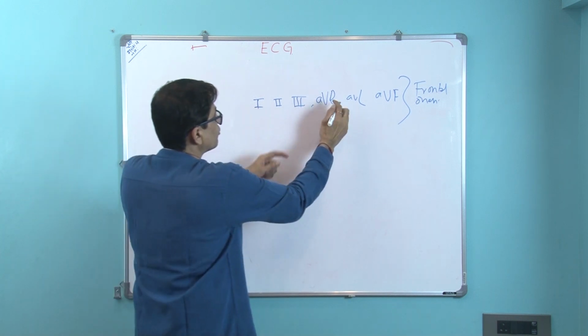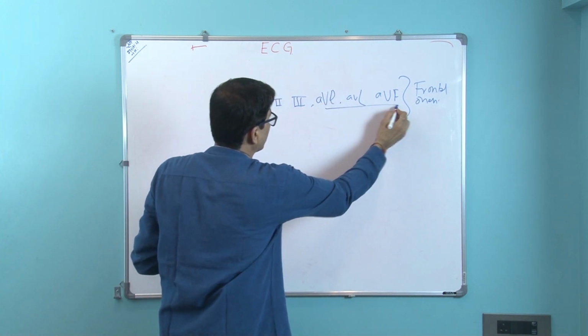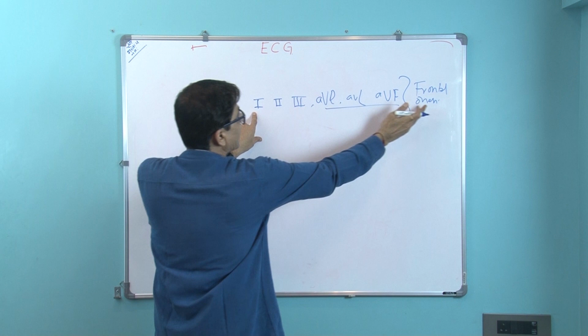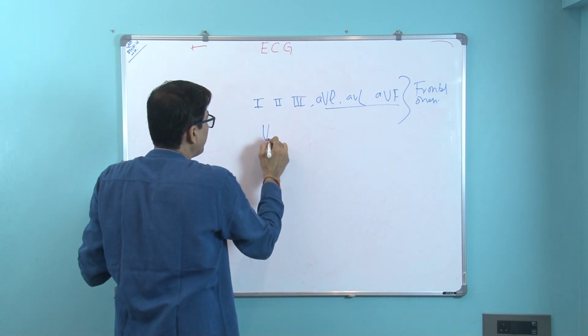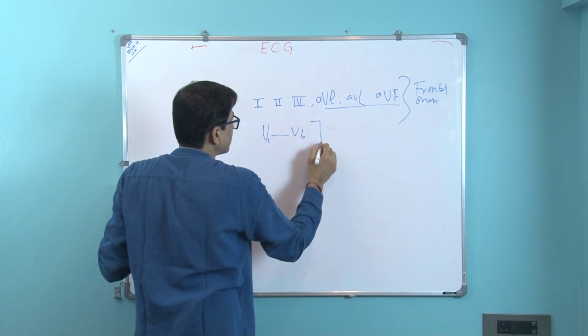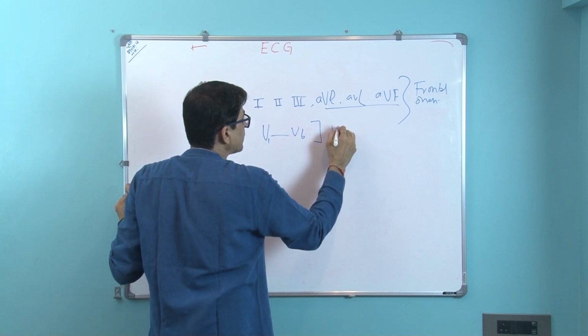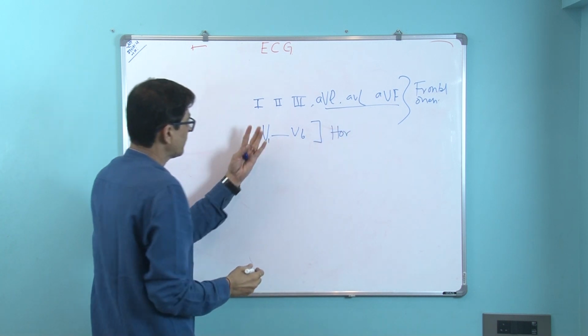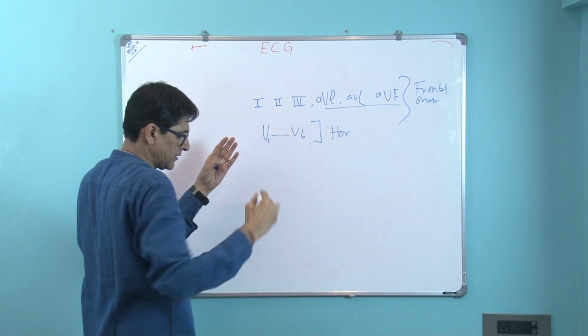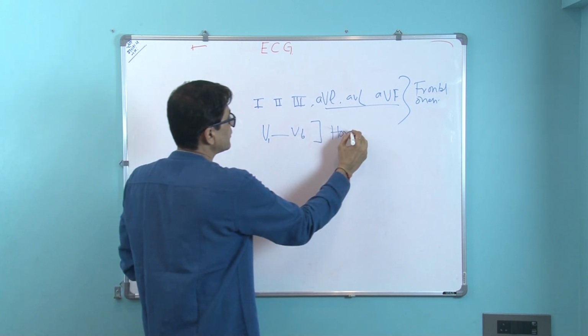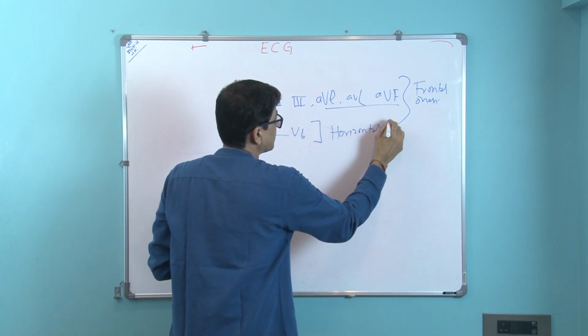Out of these, 3 are unipolar and 3 bipolar, but these 6 are frontal leads, and V1 to V6 are unipolar leads, they are horizontal leads. Suppose V1, V2 are parallel to the ground, so these are horizontal leads.